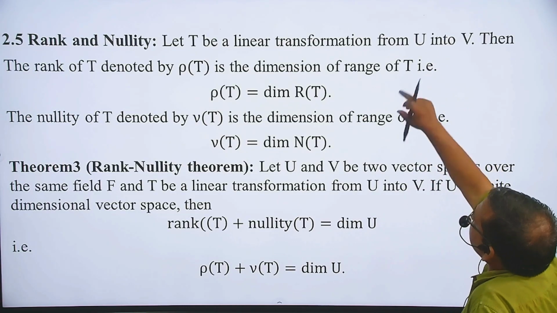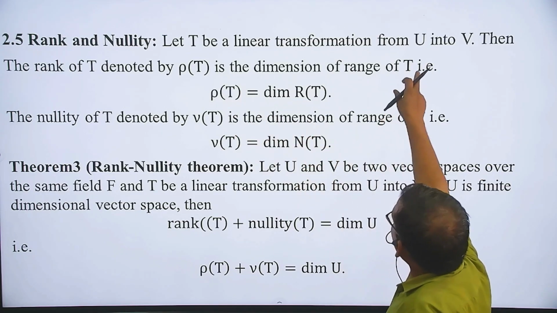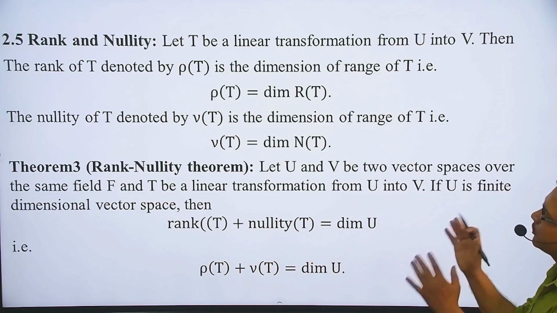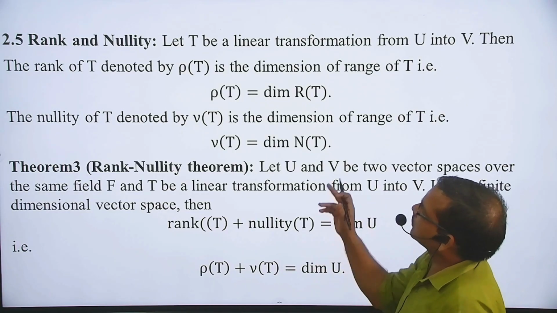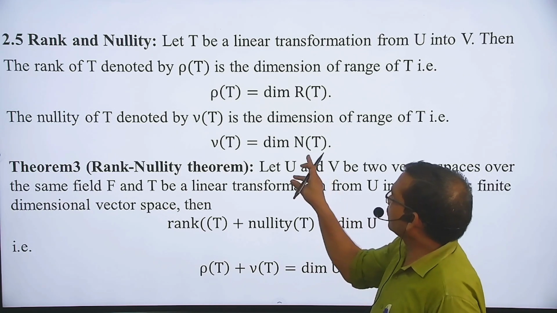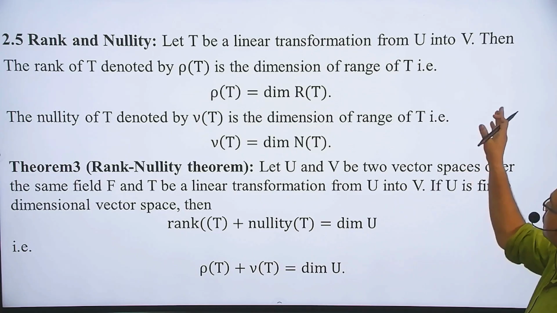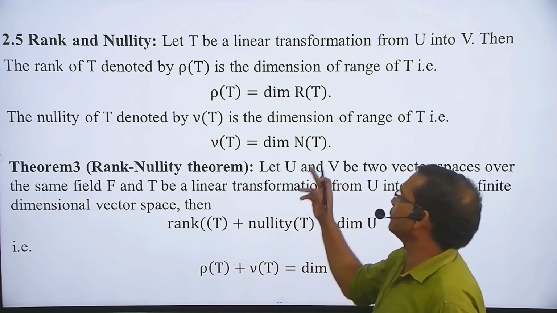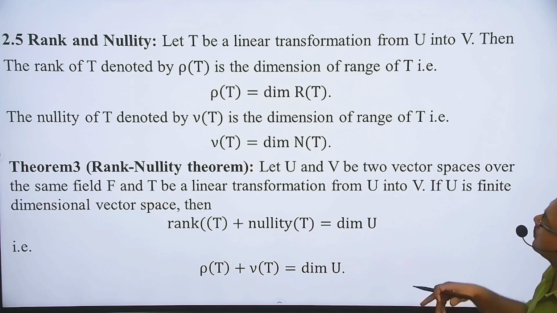Since U is a vector space, the null space is a subspace of U, and the null space has a basis. The number of vectors in the basis of the null space is called the nullity of the transformation. And since the range space is a subspace of the codomain V, the number of elements in its basis is called the rank of the transformation.